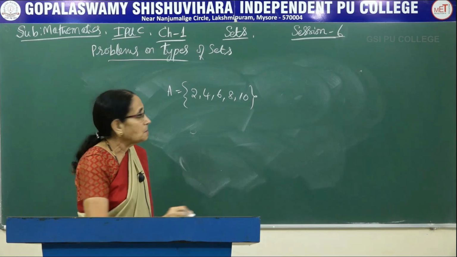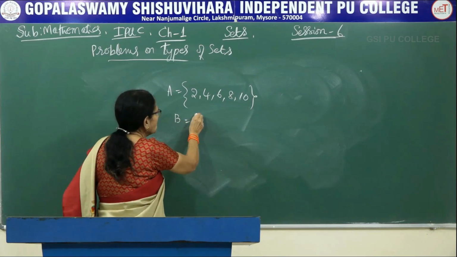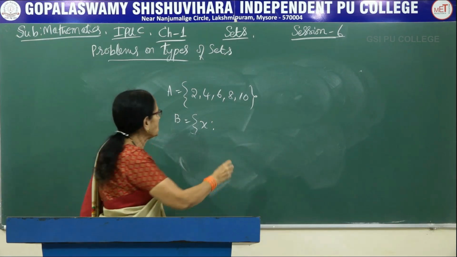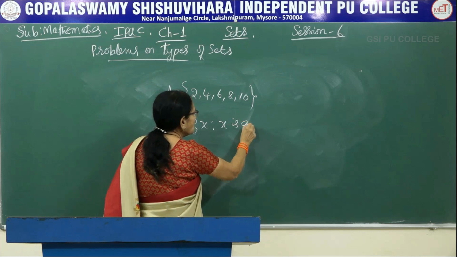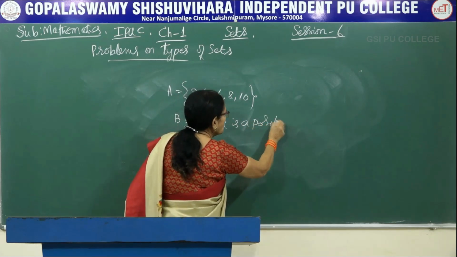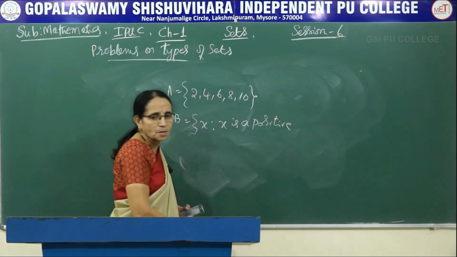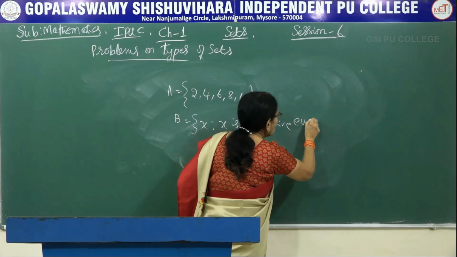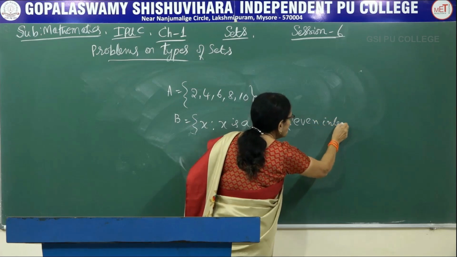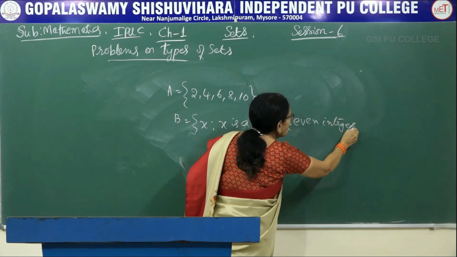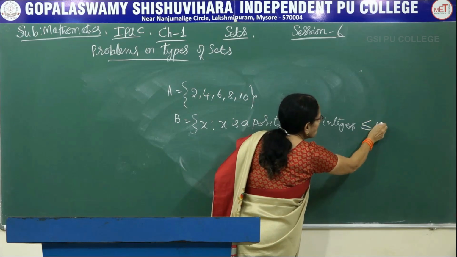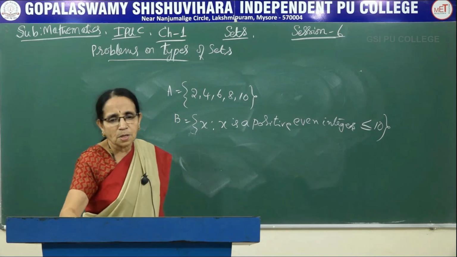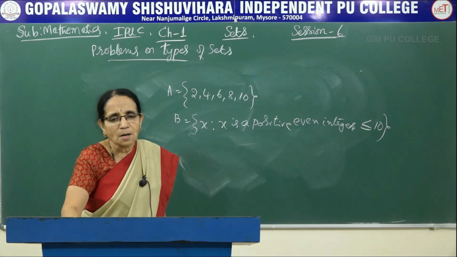Next is B, the set B contains all x such that x is a positive even integer less than or equal to 10.